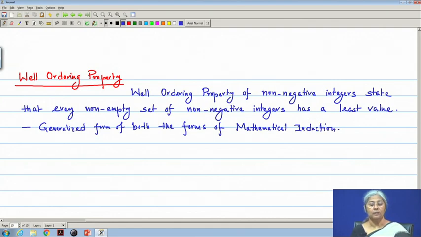I only mentioned that this well ordering property is mainly used to prove our well known quotient reduction theorem.